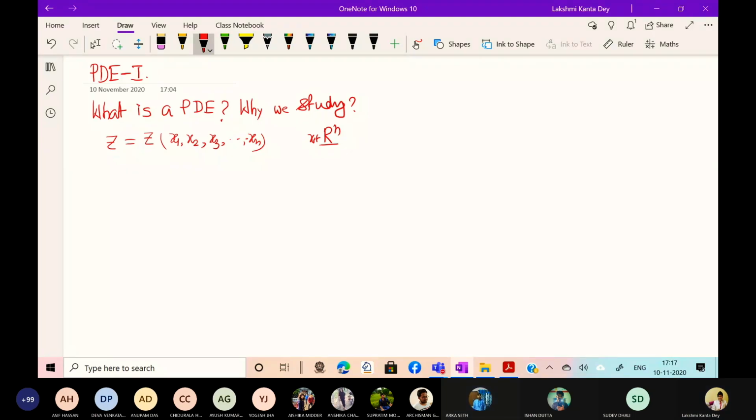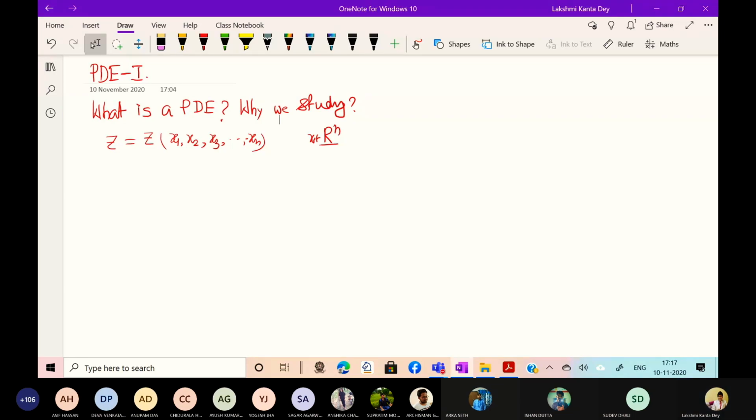Okay, can you tell one physical situation where a partial differential equation may occur? Harmonic motion. Radioactivity. Simple harmonic motion. Okay, that I got. Any other? Decay.